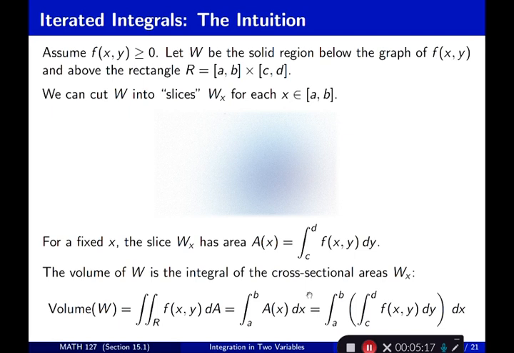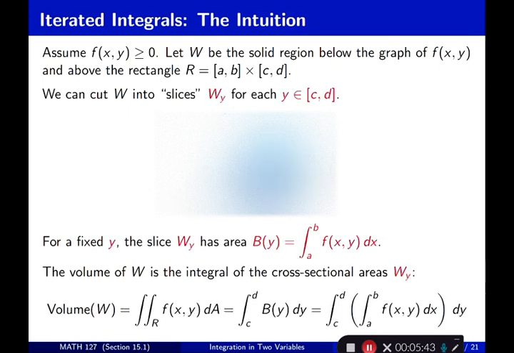So you will have the integral from a to b over x of the integral from c to d of f of x and y dy. You compute the inner integral, and then you use that as the function for the outer integral. That would be an iterated integral.